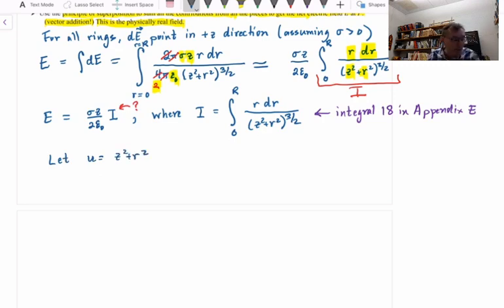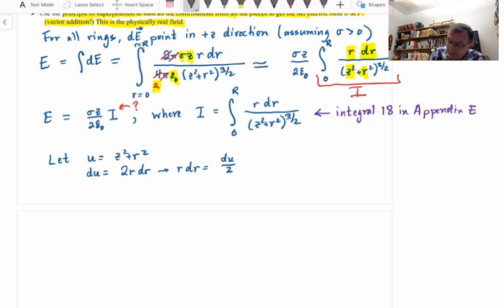equal z squared plus r squared, where I think of z squared as a constant. Then the differential of both sides, du, the z squared is a constant, I'll have 2 times r times dr from the right, because it was r squared. So I get 2 times r times dr. That means that r times dr is equal to du over 2.